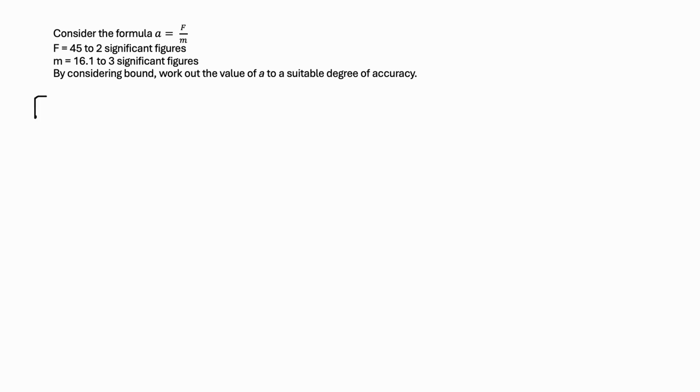So let's look at F first. If 45 has been rounded to two significant figures, then that means that our error interval has to be between 44.5 and 45.5.